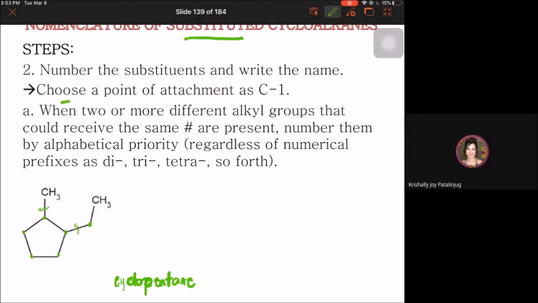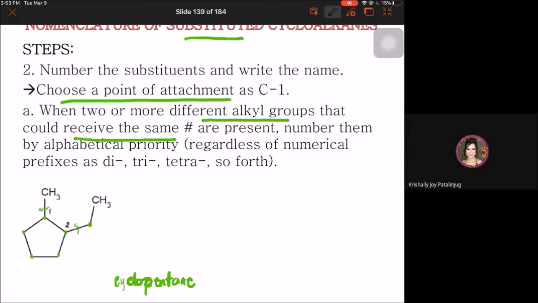Now, upon choosing a point of attachment, you have to decide. The carbon 1 will be decided by alphabetical order, if the different alkyl groups could have received the same number. If you analyze it, this can be carbon 1 or carbon 2.